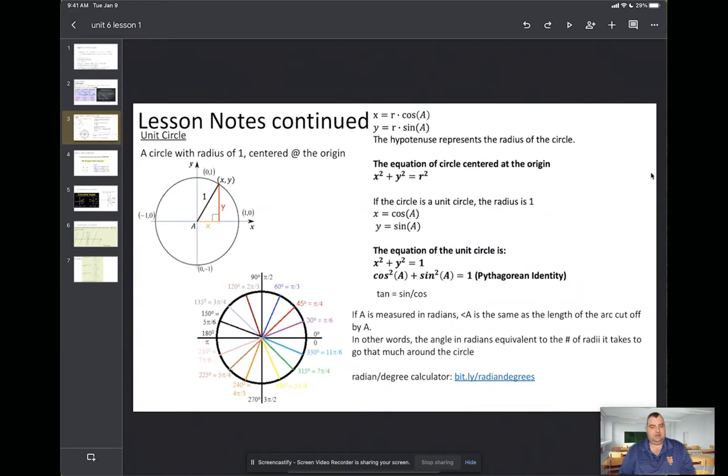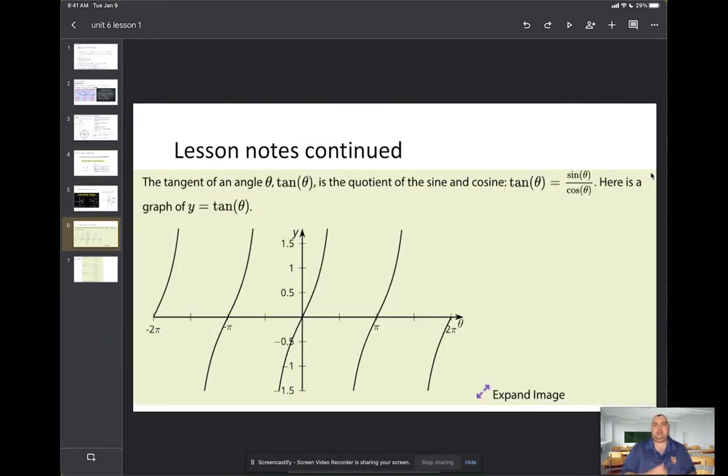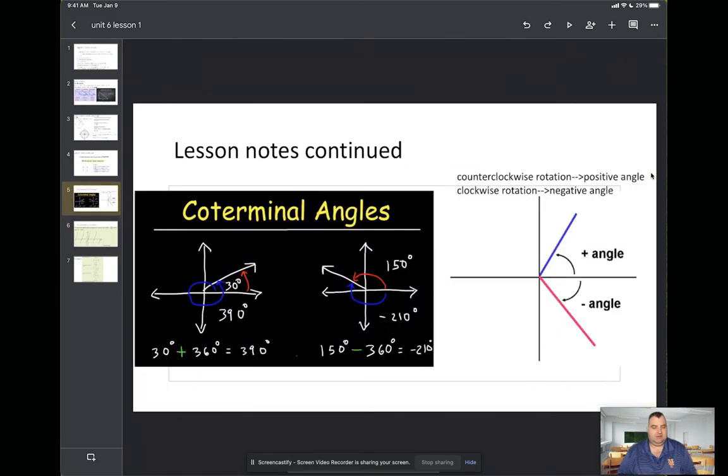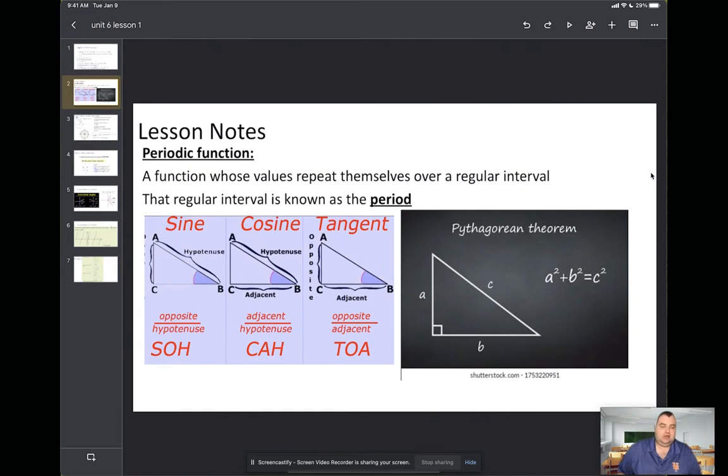Okay? So these are all of the notes that you will need for the first 12 lessons of Unit 6 that are in these slides right here. Okay? Unit 6 is a trig unit. I know you talked a little bit about trig in geometry, probably last year or whenever you took geometry.